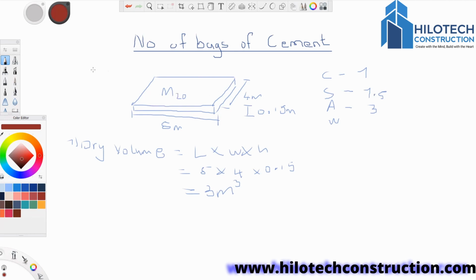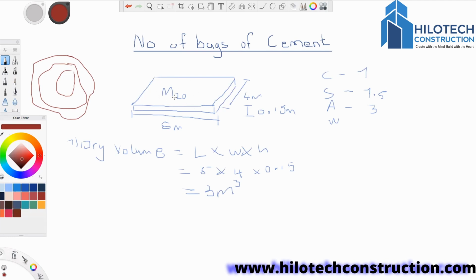So if we were to take 1 part of cement, 1.5 parts of sand, and 3 parts of aggregate, and mix this together, we are going to have a wet volume of this concrete. But you have to understand that the dry value is what you have when it is already dry.